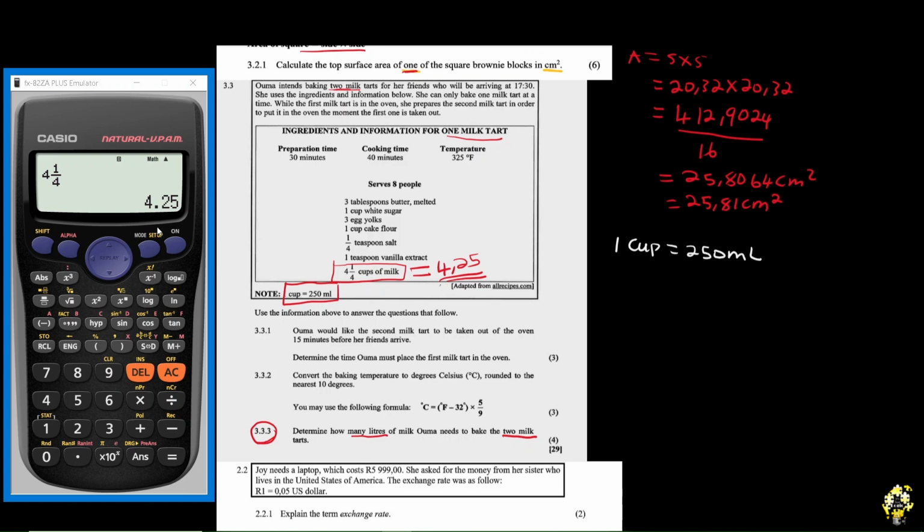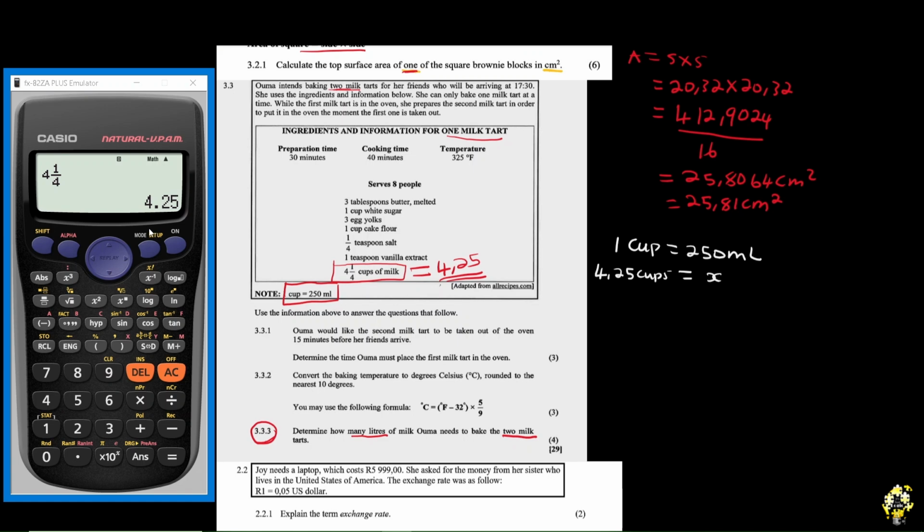So what do we have, or what are we converting? Well, we are converting 4.25 cups. So where are they, on my left or on my right? Well, they're on my left. So I'm going to put it here. 4.25 cups. Do I have anything under milliliters? No, I don't. That's what I'm looking for.